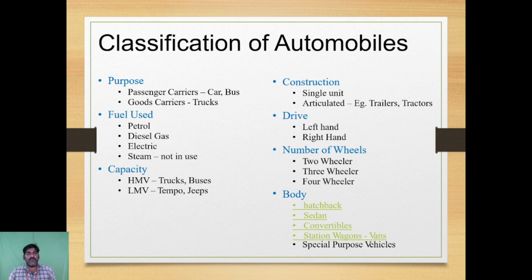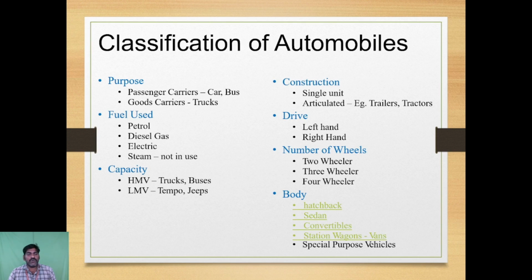Classifications of automobile: purpose, fuel used, capacity, construction, drive, number of wheels, body. Purpose: passenger carriers, such as car and bus, and goods carriers, such as trucks. Fuel used: petrol, diesel, gas, electric, and steam, which is not in use.